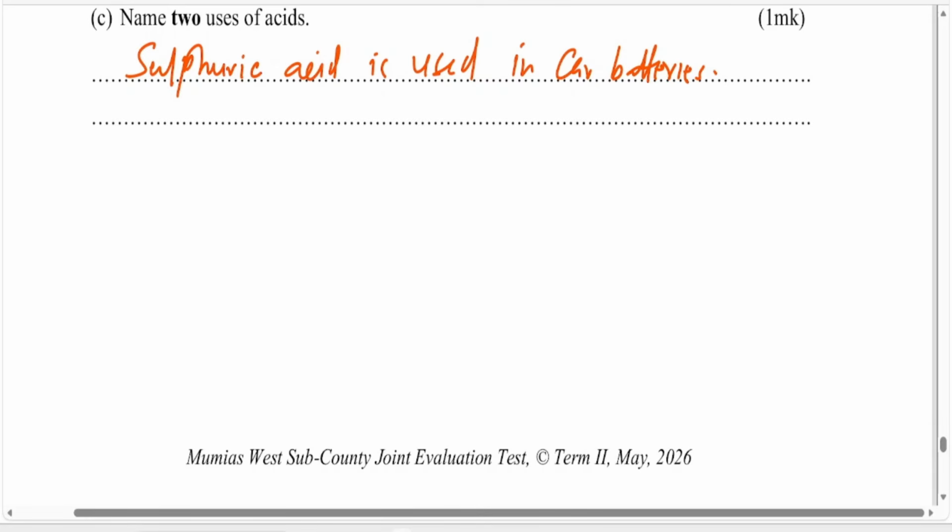We also have vinegar used as a food additive. We may add more other uses, like hydrochloric acid is used in digestion in the stomach. So that is one mark.